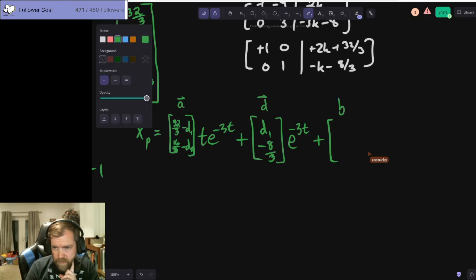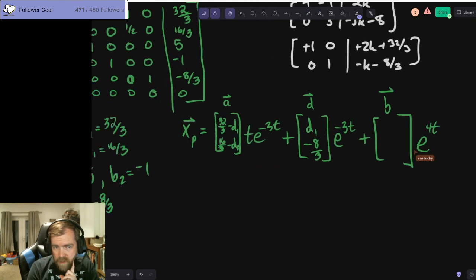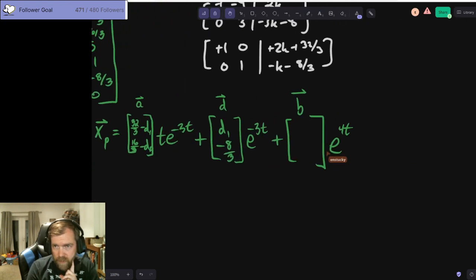And our b vector times e to the 4t was 5, negative 1.